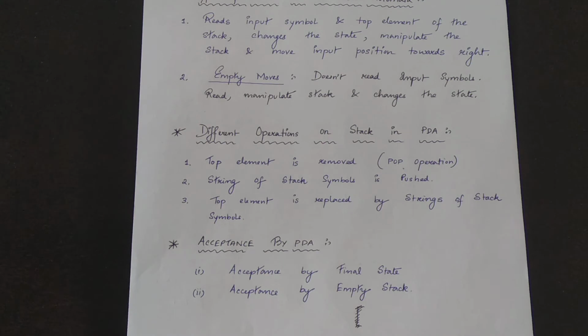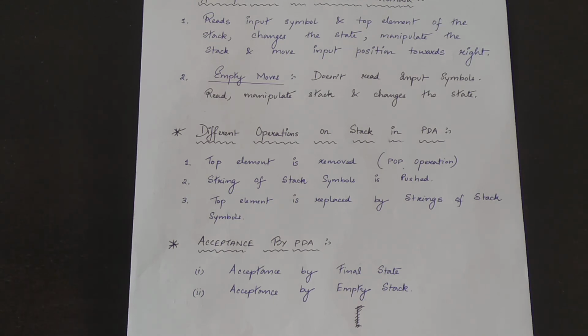So in the total lecture number 1, we have learned the introduction to pushdown automata, how it came, and what the two types are, non-deterministic and deterministic pushdown automata. The power of non-deterministic pushdown automata is always greater than deterministic pushdown automata, correct? Then we understood the formal description of a pushdown automata.